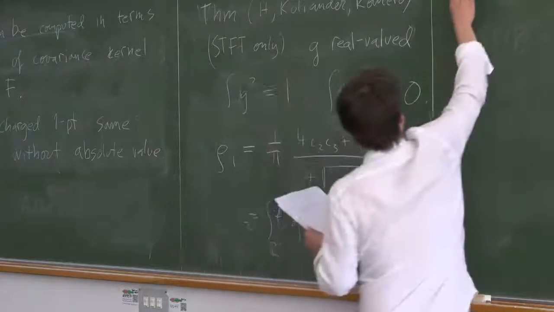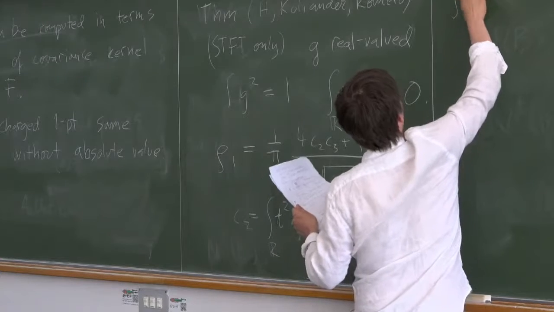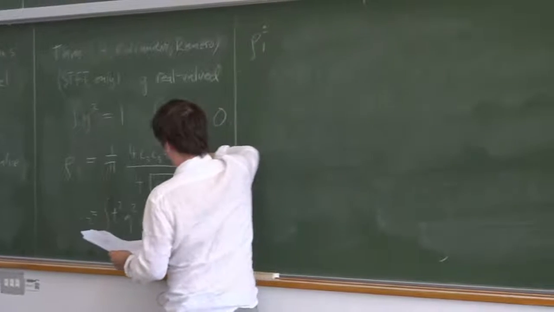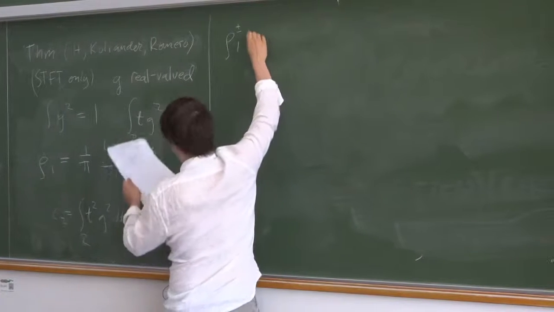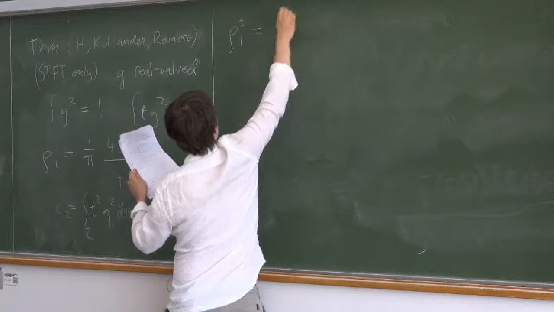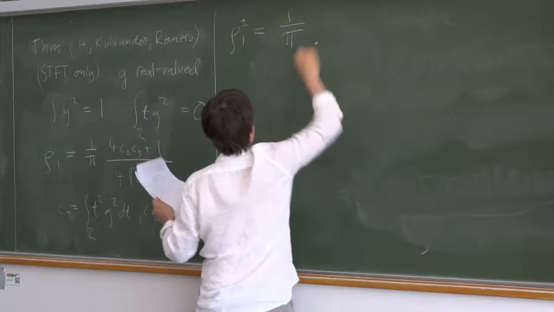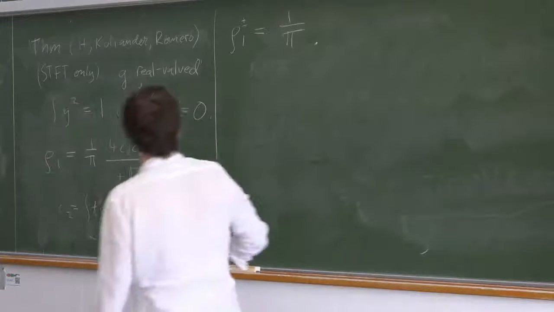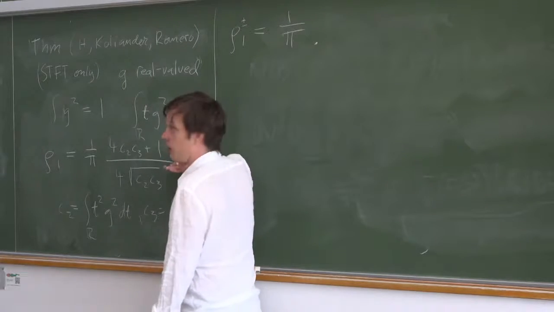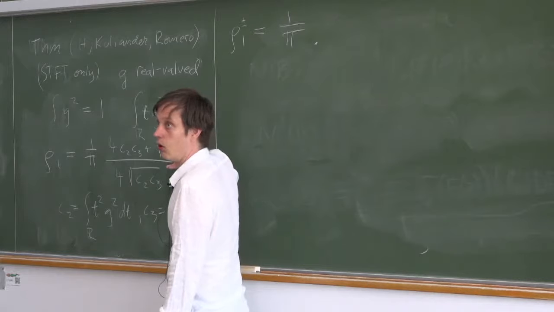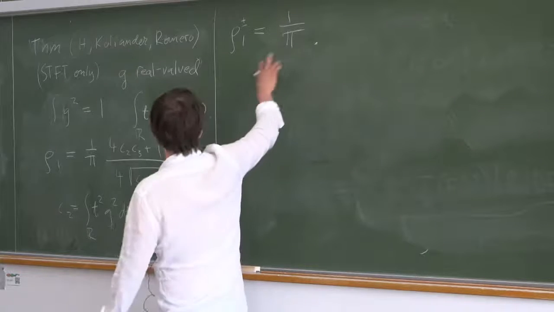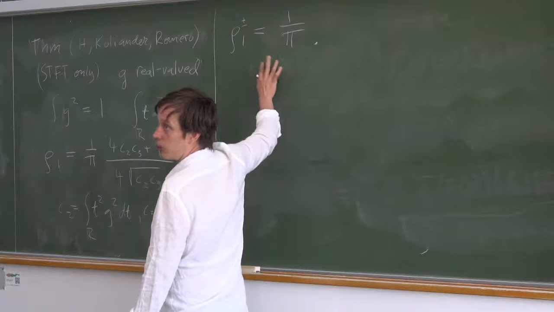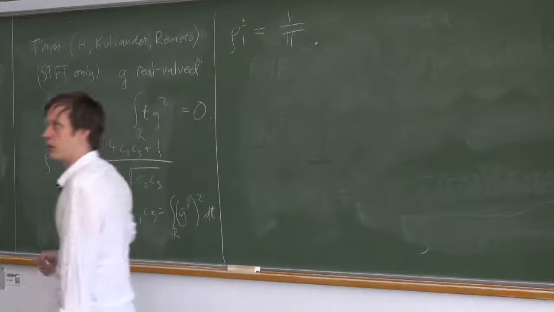And rho plus minus 1 is constant, and this is another constant, which is 1 over pi. So here we see some dependence on the window, while here it's independent of the window. Whatever you choose, you get this intensity of charges.